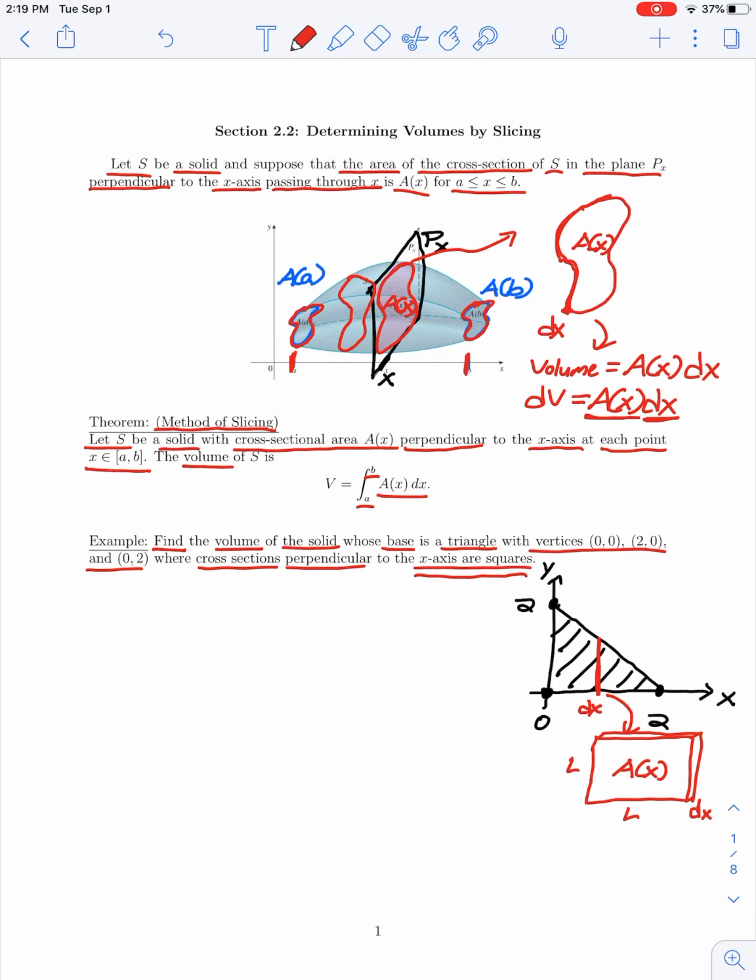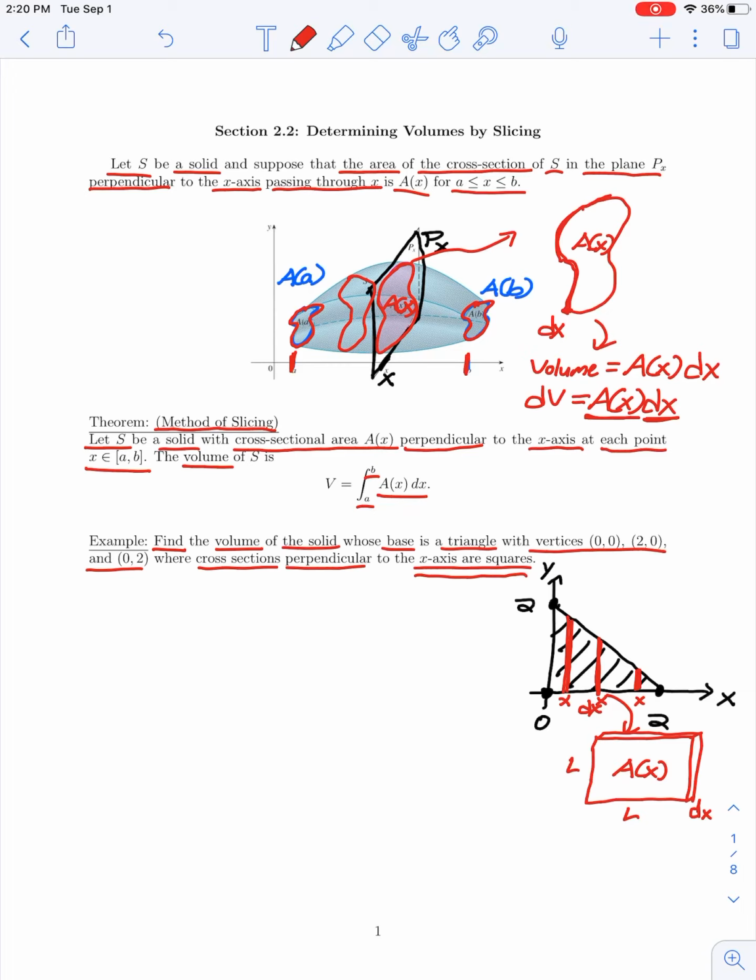So let's think about what that length would be for a representative slice. Depending on where I take my slice, what my value of x is, I have a length that's maybe a little larger or a little smaller.